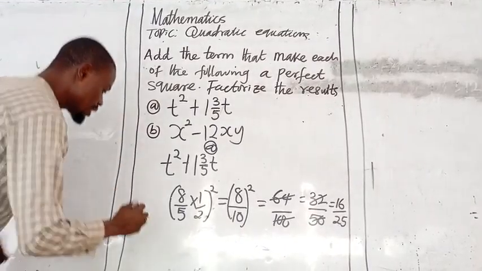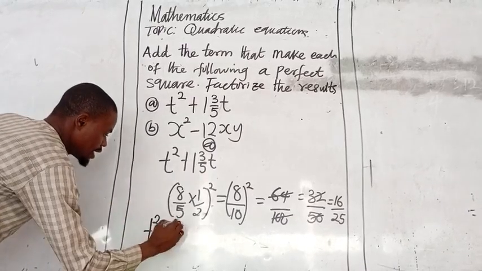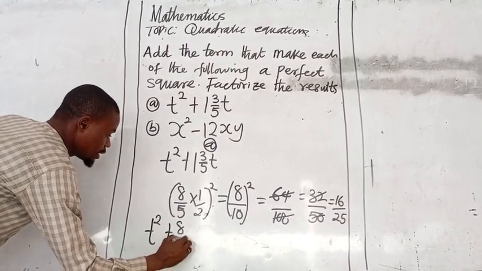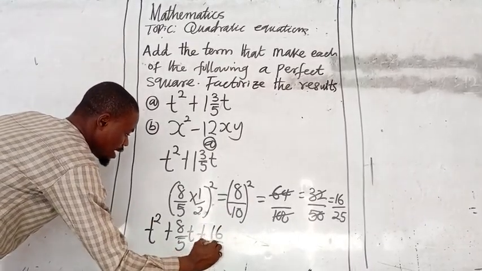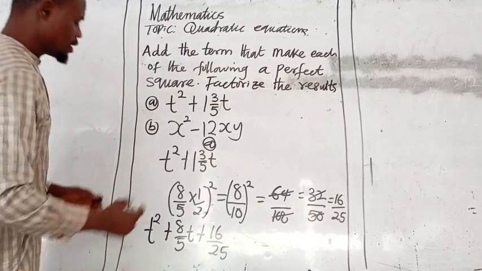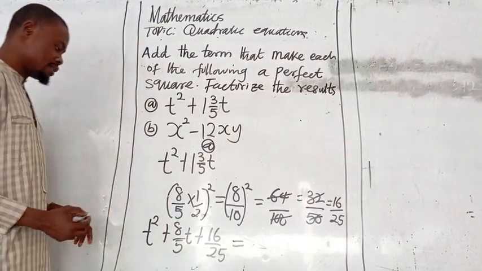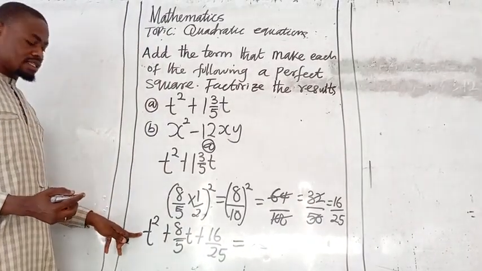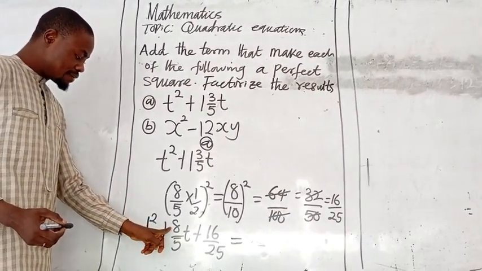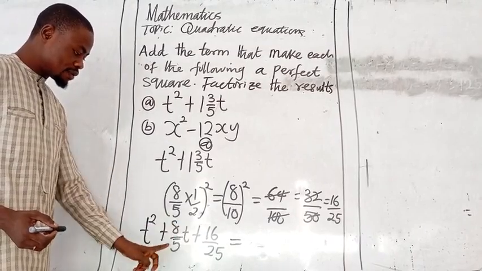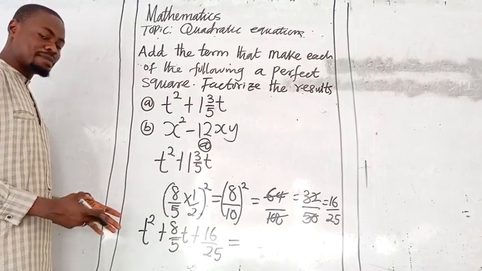Which means this expression can turn to t squared plus 8 over 5 t plus 16 over 25. And they ask us to factorize it. It is very easy. There is a simple way to factorize it: take the square root of this. First of all, you have to check that 8 plus 8 is 16, and 5 times 5 is 25, which means it's a perfect square.